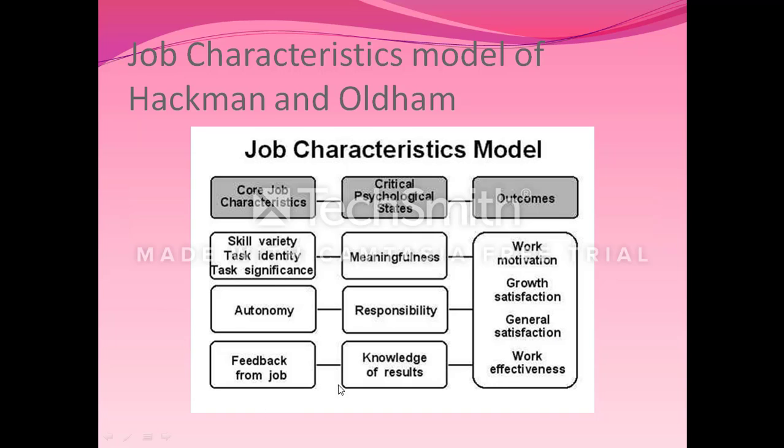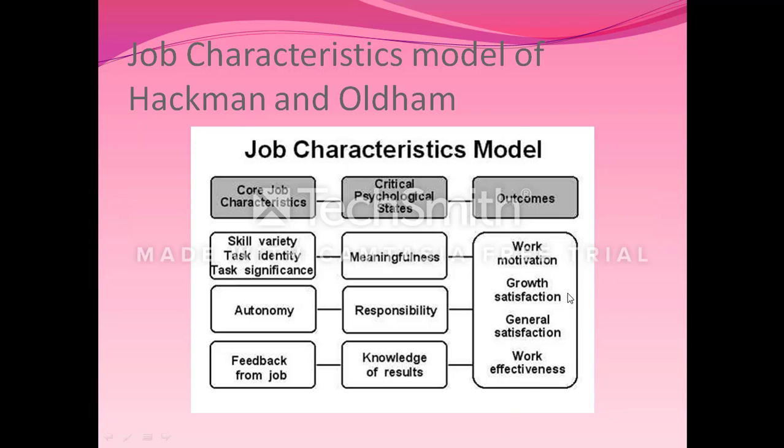If they get proper feedback from the job, then they know the results, how things were done, and they can relate the results to their efforts. And on the basis of that, in order to improve the results, they can also increase their efforts. This also comes from the same Victor Vroom's theory, and hence it increases work effectiveness. Hope you got this.